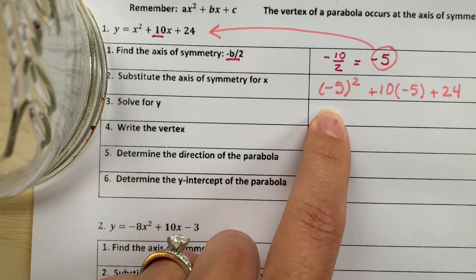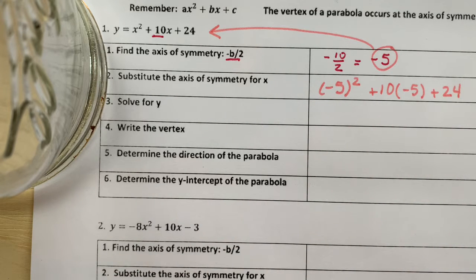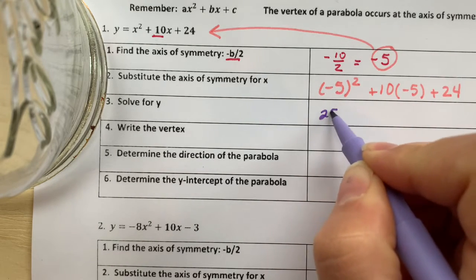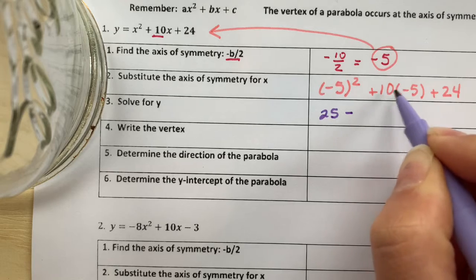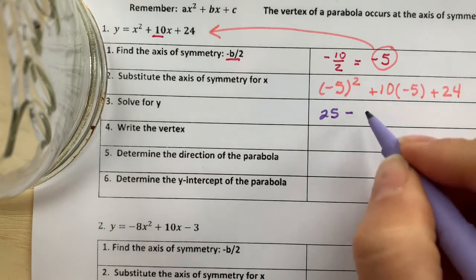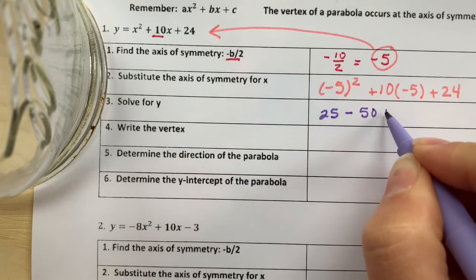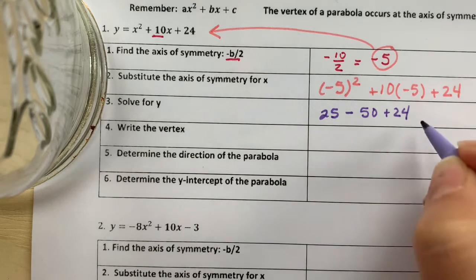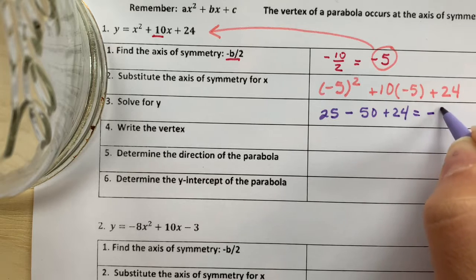So that is negative 5 squared becomes 25, minus 10 times 5 is 50, plus 24. And that number is going to be a negative 1.